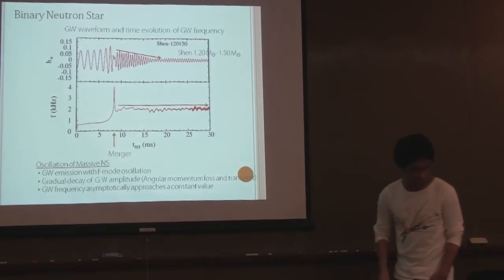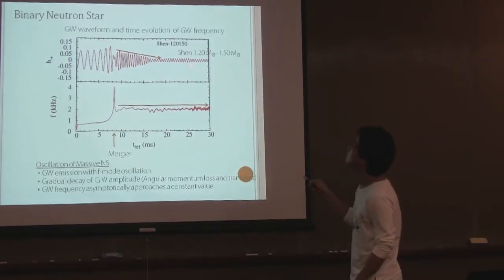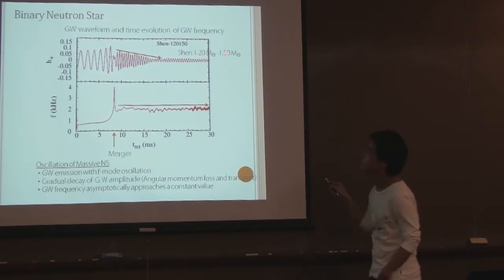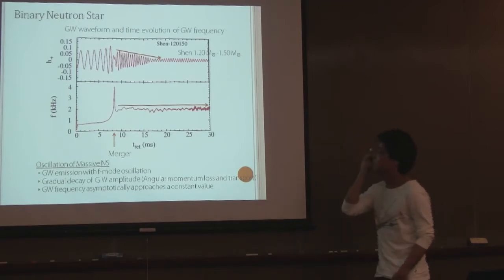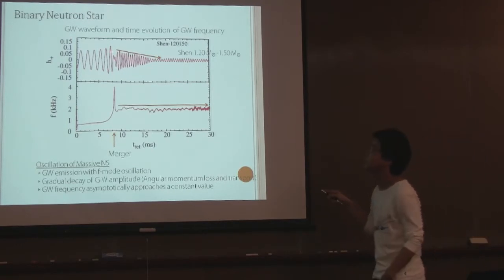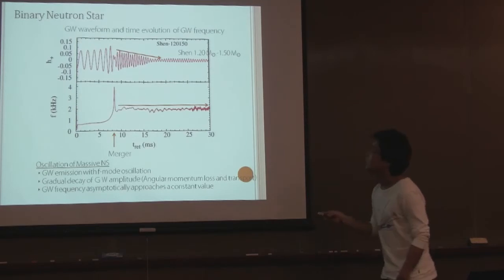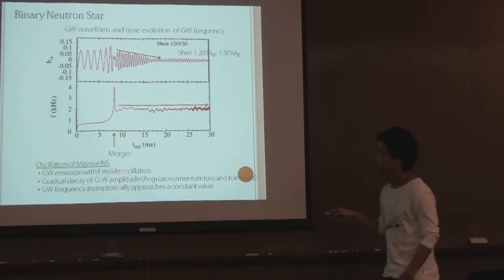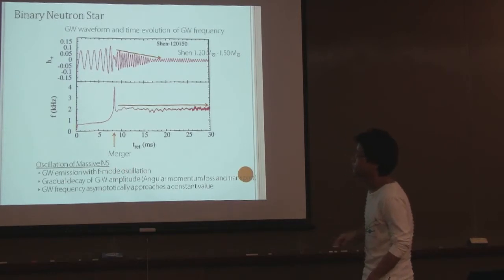So let me show the gravitational waves and the time evolution of the gravitational wave frequency for the Shen 1.2 and 1.5 solar mass case. And as expected, the massive remnant neutron star becomes a strong gravitational wave emitter, and this oscillation is related to the fundamental mode oscillations of the neutron star.